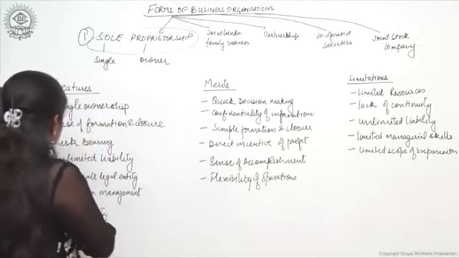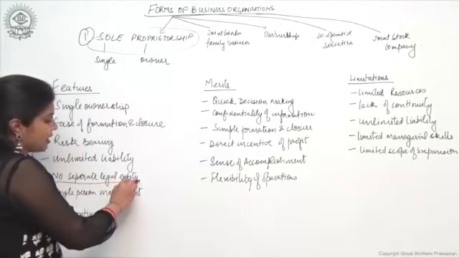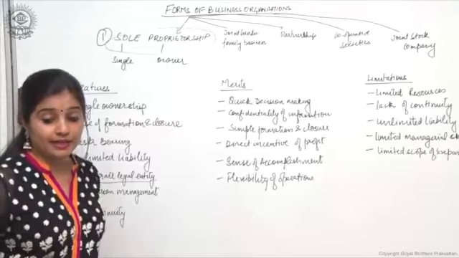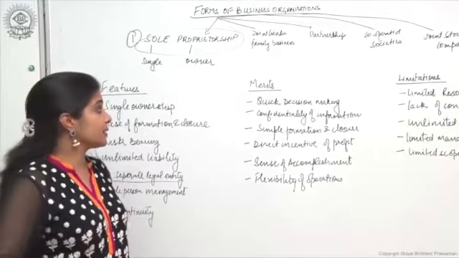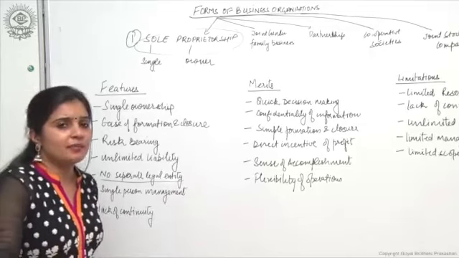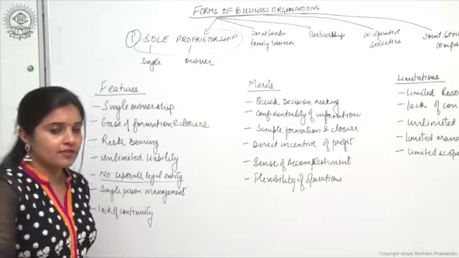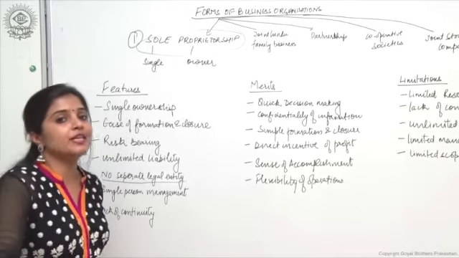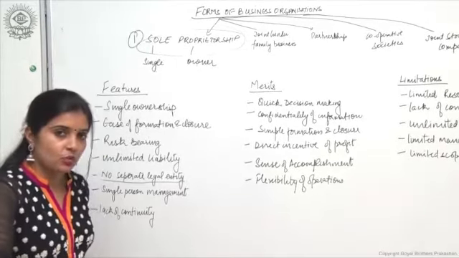Then comes no separate entity. I'm sure you must have done it in your accounts, जब second chapter आपने किया होगा principles of accounting, right? There we say separate legal entity का हम आपको एक principle समझाते हैं, wherein we say that business and the proprietor they are two different individuals having their own entities.